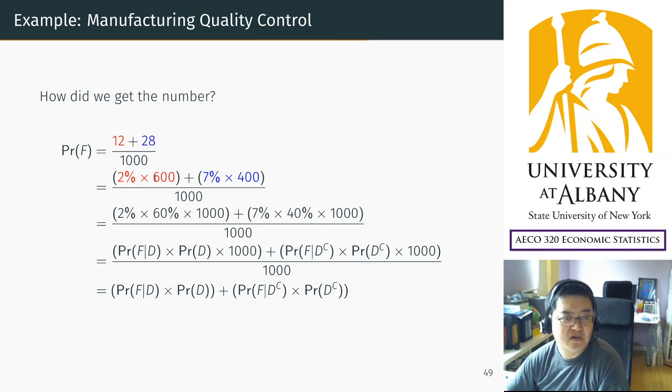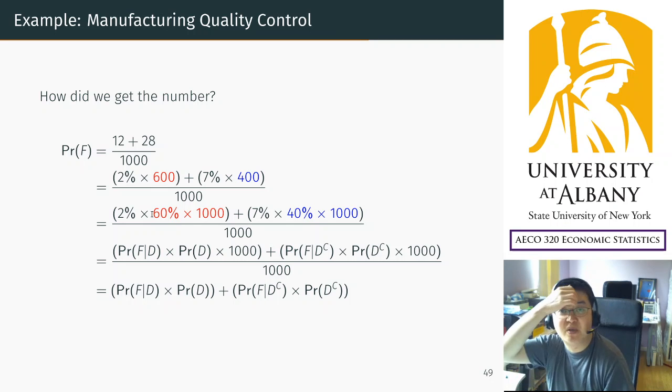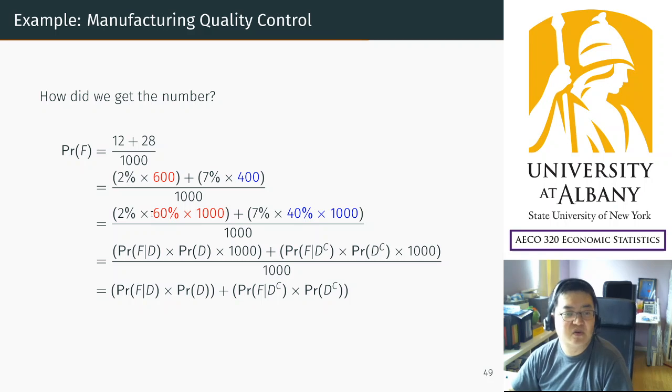Then where did 600 and 400 come from? The answer is 600 is obtained as the result of 60% of 1,000. One of the pieces of information we had was that 60% of the batteries are domestically produced. So that's where we got 60%. And 1,000 is the number we assumed.